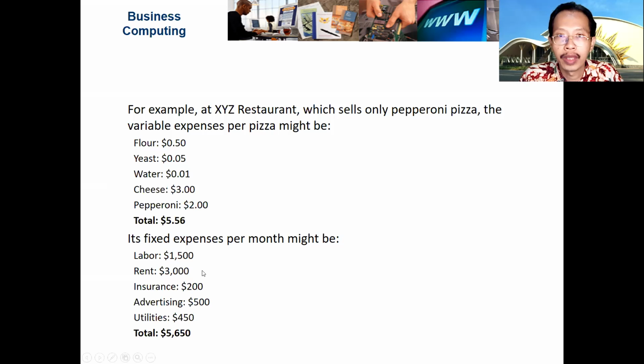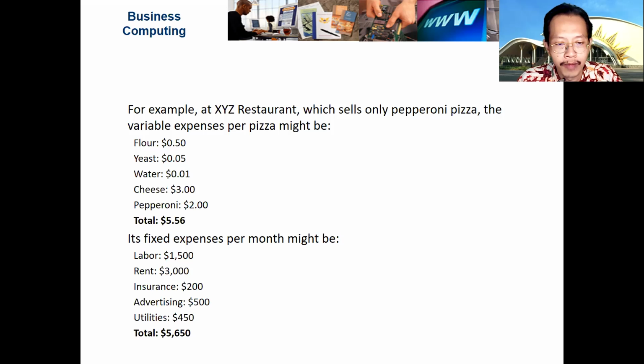And aside from that, you have variable expenses or variable cost, which is the cost that you need to produce, in this case, a pizza. If you don't make any pizzas, you do not have to have variable cost. But even though you don't sell any pizzas at all, because it's closed because of the pandemic, for instance, you would still have to pay the fixed expenses or fixed cost.